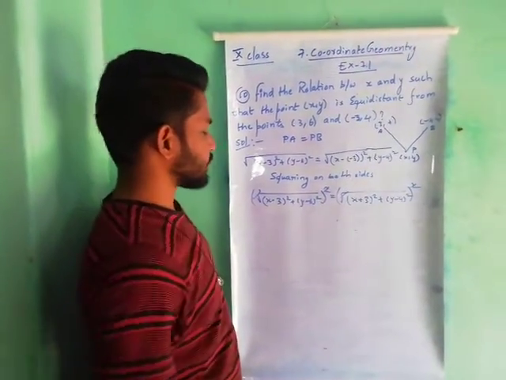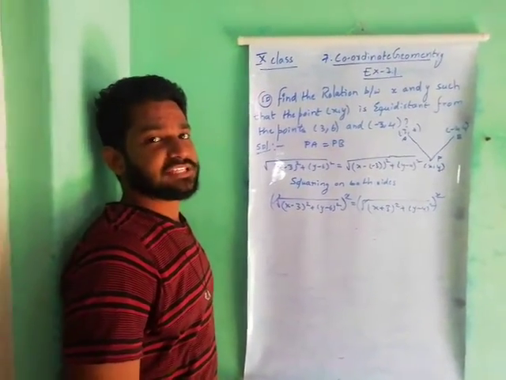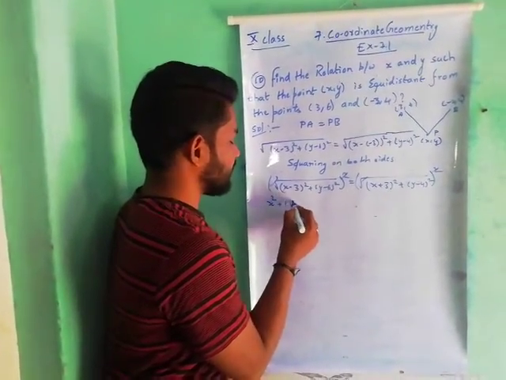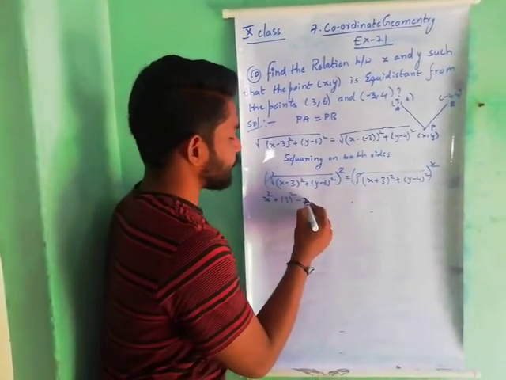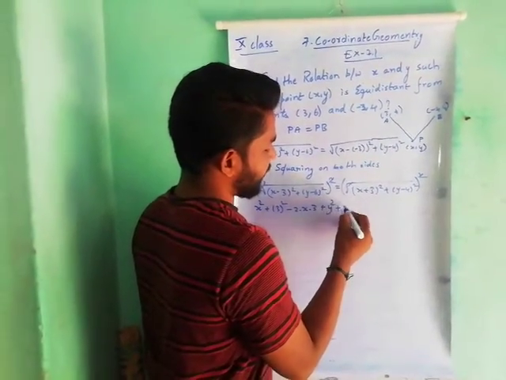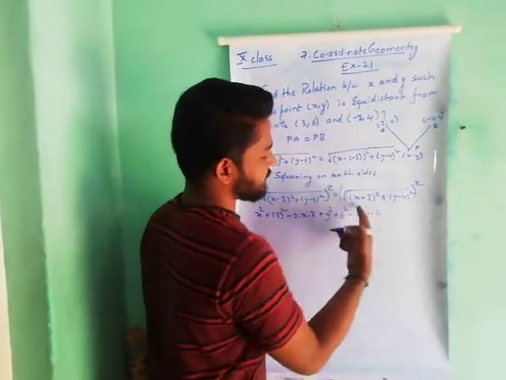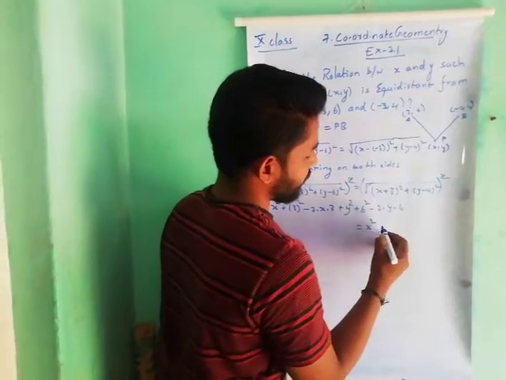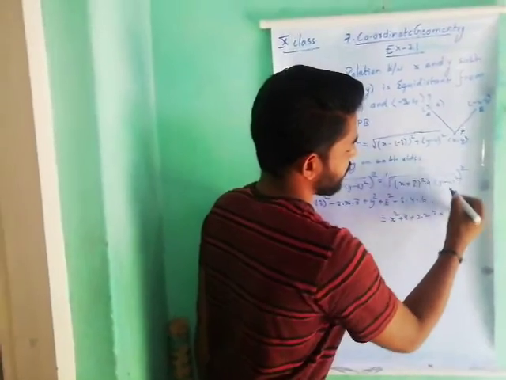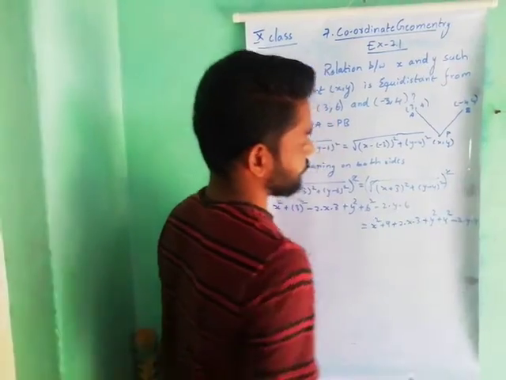X minus 3 whole square. It looks like A minus B whole square. A minus B whole square formula: A square plus B square minus 2AB. Similar way, X square plus 3 square minus 2 into X into 3. Here also Y square plus 6 square minus 2 into Y into 6 is equal to, coming to right hand side, X square plus 9 plus 2 into X into 3, Y square plus 4 square minus 2 into Y into 4.